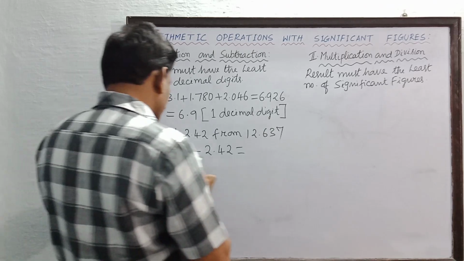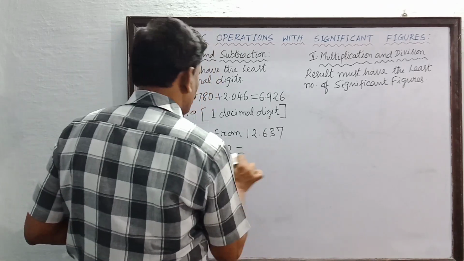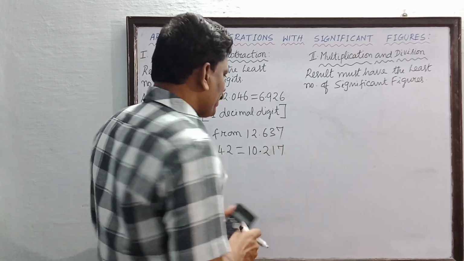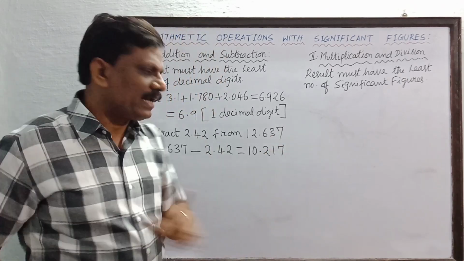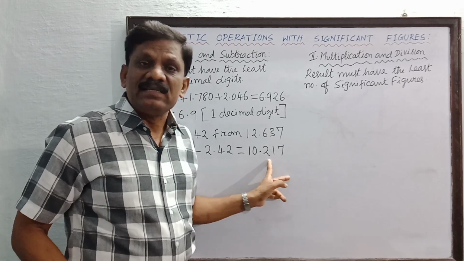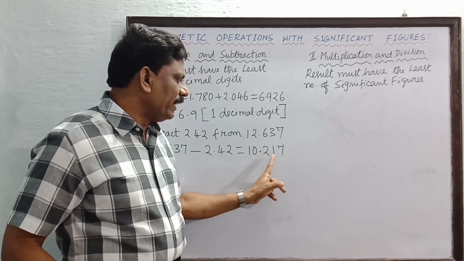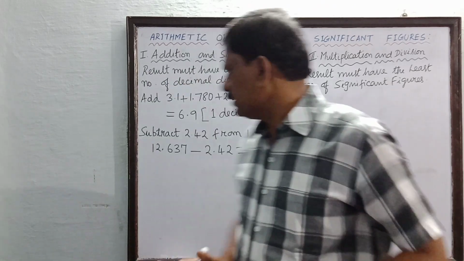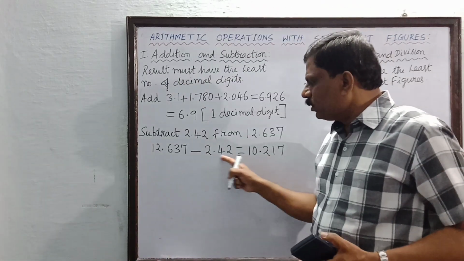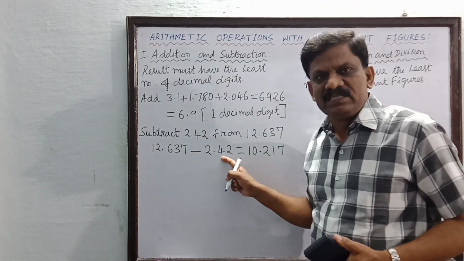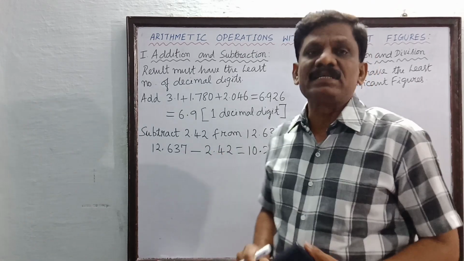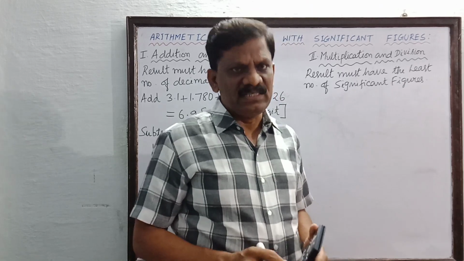It is coming 10.217. How many decimal digits are actually contained in the answer after decimal? 1, 2, 3 decimal digits. But how many are permitted? So here only 2. 2 is the least decimal digit in the given numbers. So the answer also must contain only 2 decimal digits.